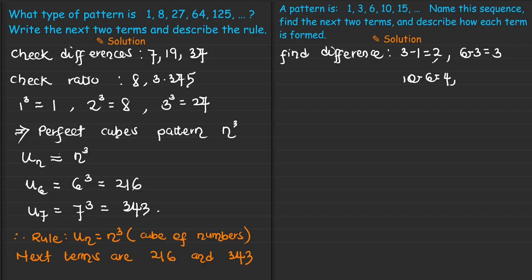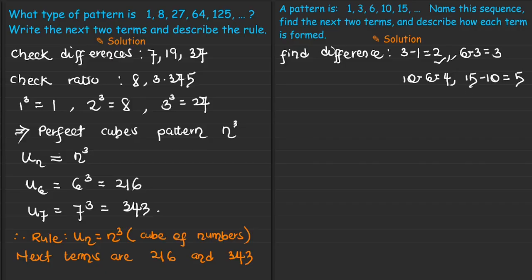Now it is obvious that we are not getting a constant difference, but there is a pattern we observe in this difference as well. So let's do the last one. That is 15 minus 10. That gives us a 5.